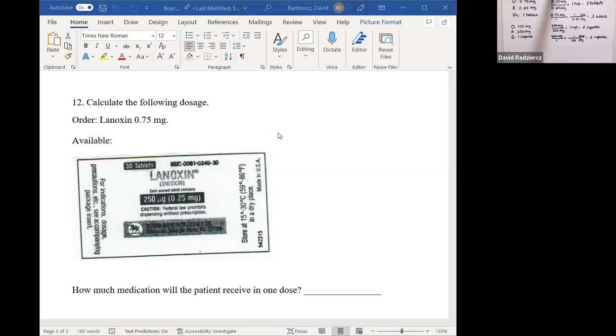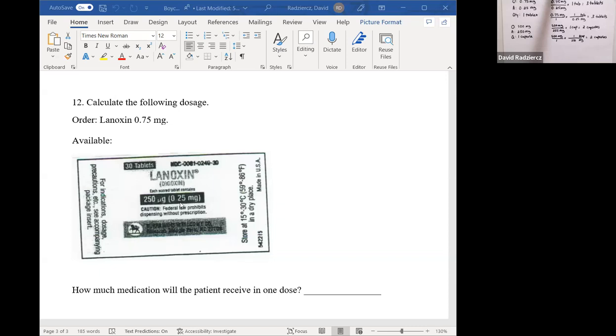Okay. So Lanoxin 0.75 milligrams is the order, and here's what I have available. Notice this says 250 micrograms. That's what that symbol is there, what looks like a UG. And then in parentheses, it says 0.25 milligrams.